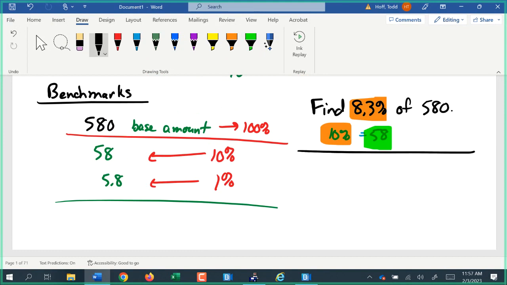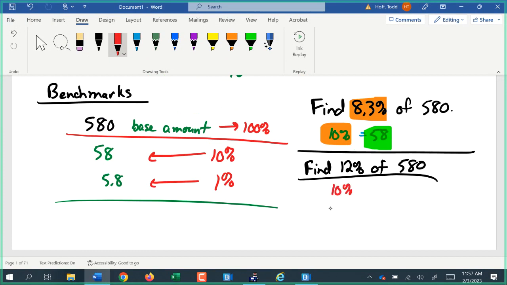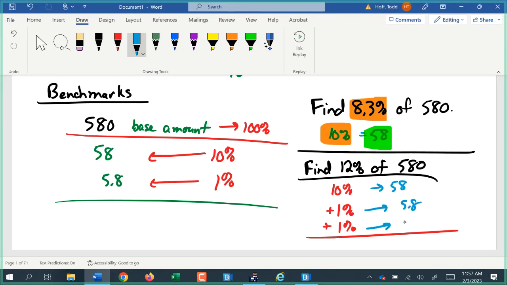But we can actually use these benchmarks for calculating some simple percents. If I ask you to find 12% of 580, well, I can express 12% as 10% plus 1% plus another 1%. Well, 10% was 58, 1% is 5.8, and another 1% is another 5.8.